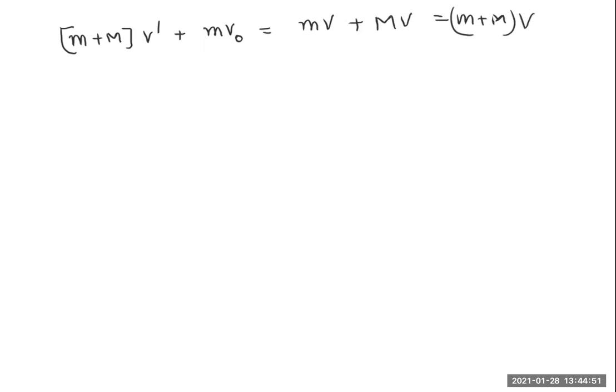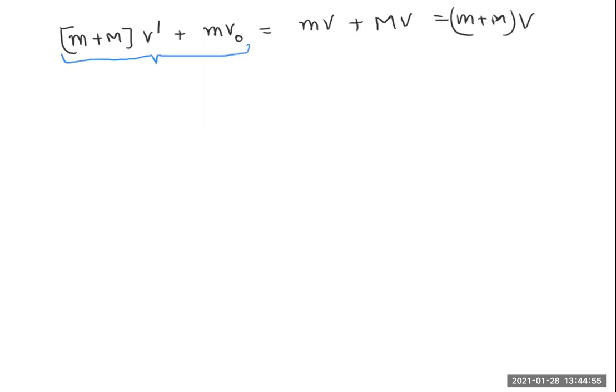So we have (M plus m) v dash plus m v naught is equal to m v plus M v, which I can write as (M plus m) into v. मैंने उल्टा लिख दिया है, but I hope this should not have any problem.